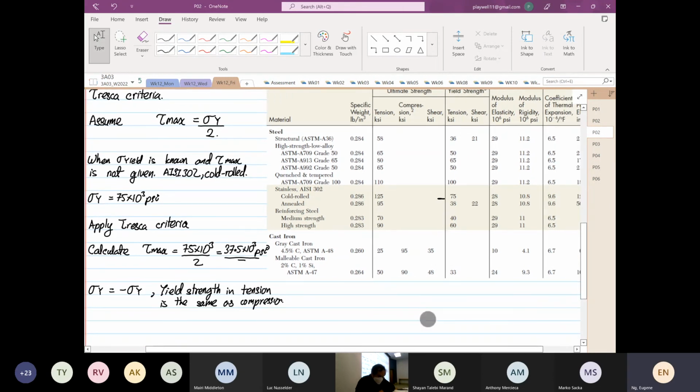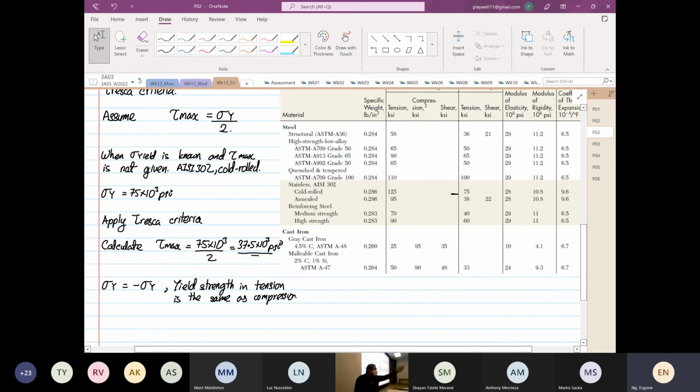Okay, the ultimate strength in tension is the same as in compression. In real life, in most materials, the ultimate stress in compression is 1.33 times greater than the ultimate stress in tension.